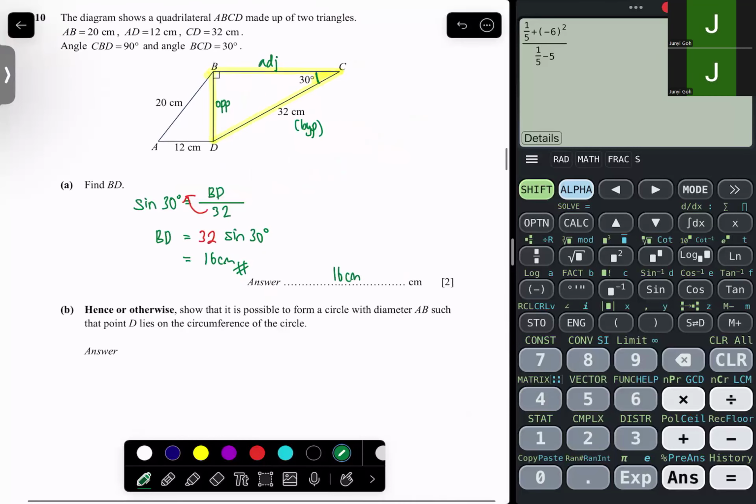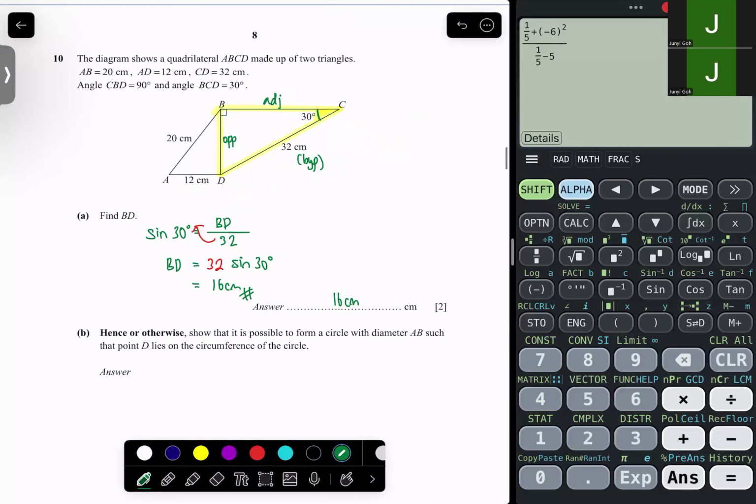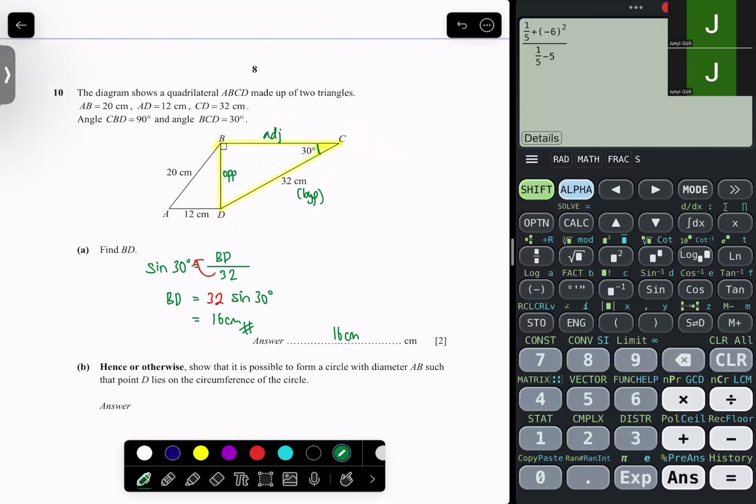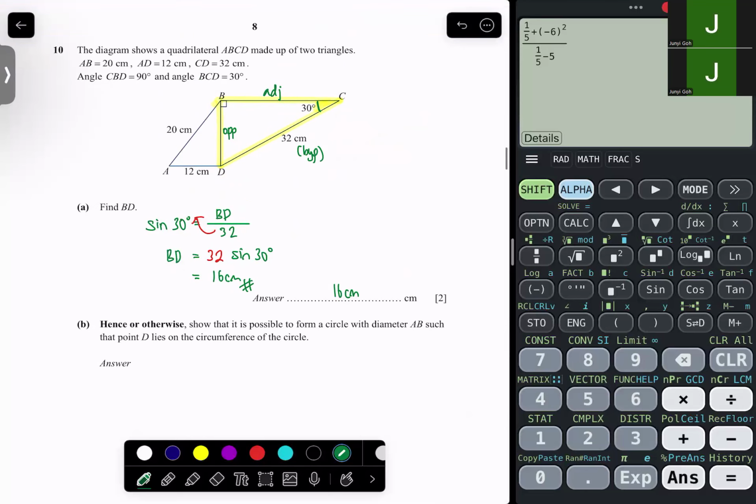Next, hence or otherwise show that it is possible to form a circle with diameter AB such that D lies on the circumference of the circle. So that means, hence or otherwise, we have to either use what we just did, or we can use another way to prove that.